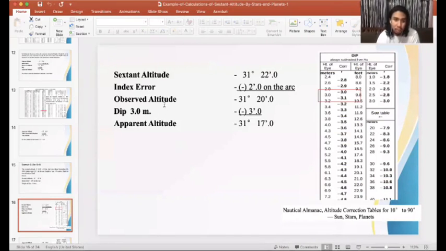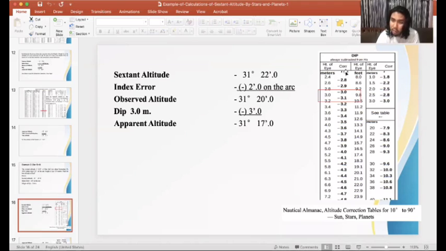To solve for observed altitude, subtract the index error from our sextant altitude, which is 31 degrees and 22 minutes, subtracted by 2 minutes on the arc. So we have our observed altitude, which is 31 degrees and 20 minutes. The height of eye is 3.0 meters.